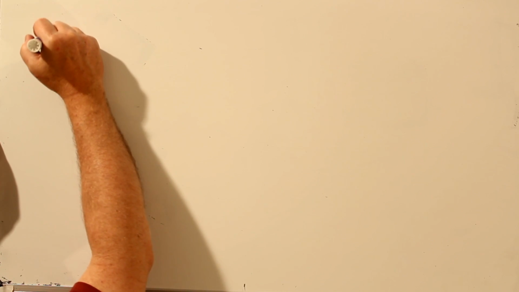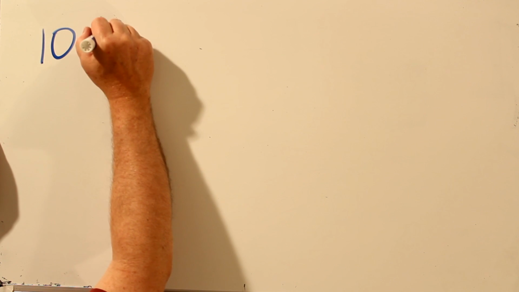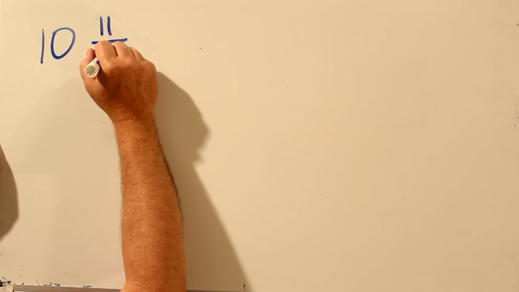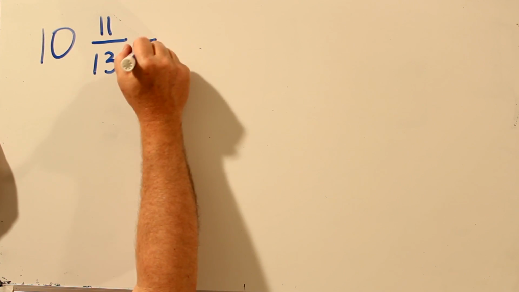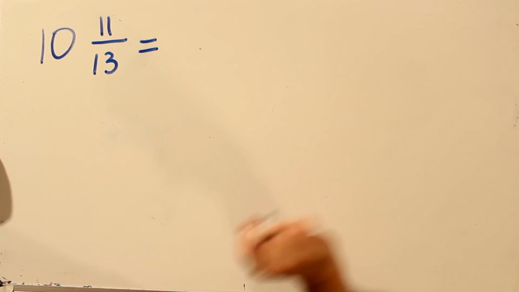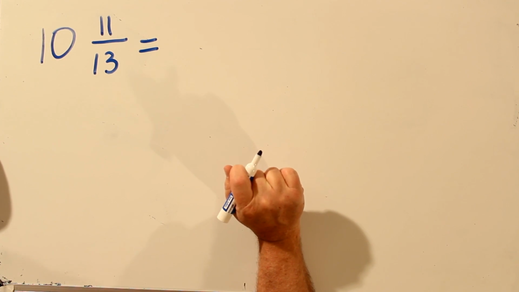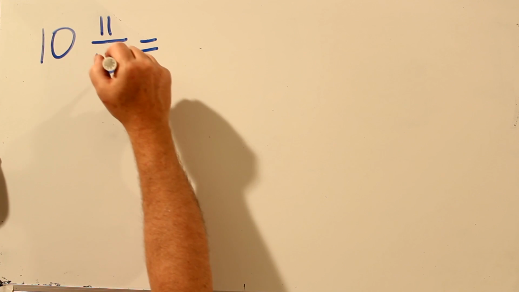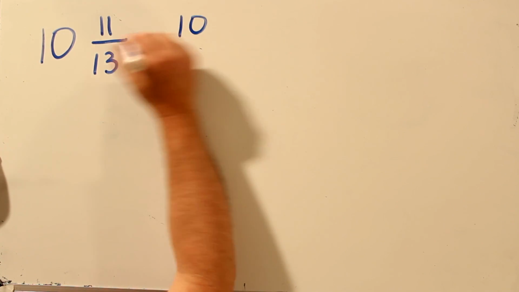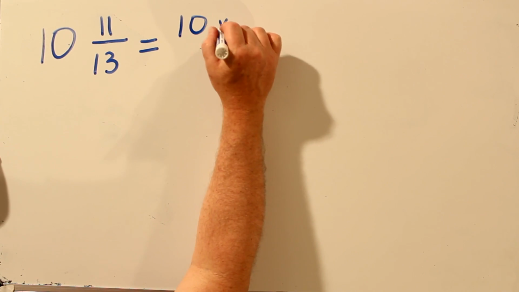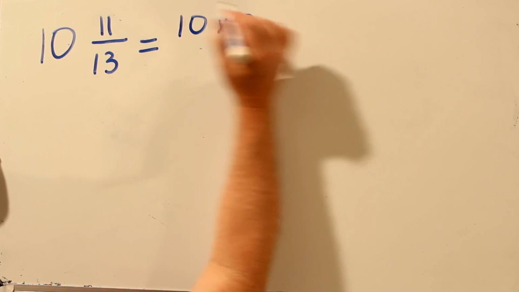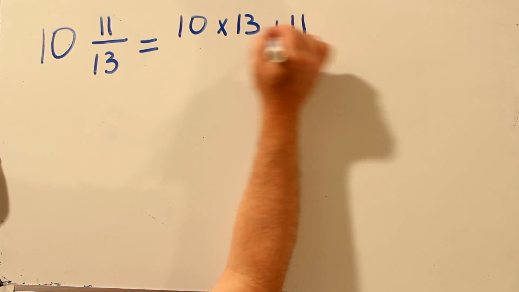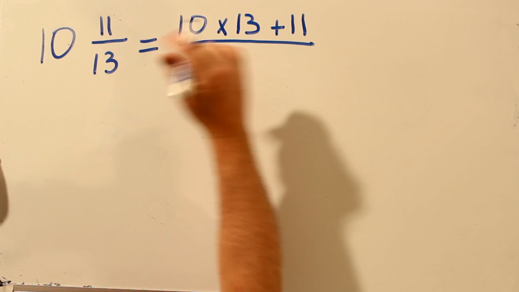Let's start with 10 and 11 over 13. And I'm not going to tell you where we're going to get to just yet. Let's multiply 10 times 13, whole number times bottom number, add the top number, and put it all over the bottom number.